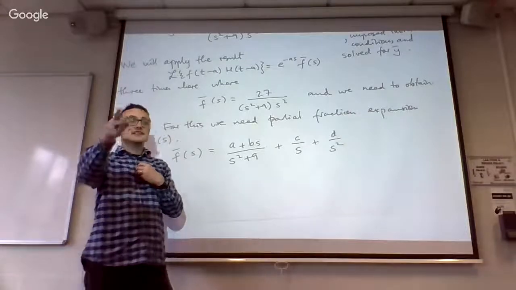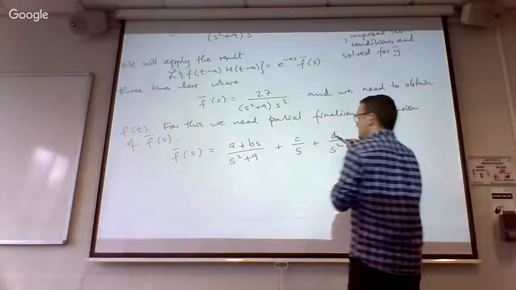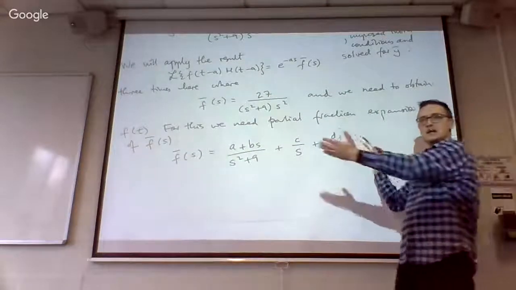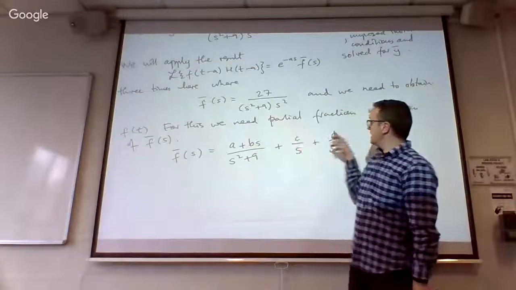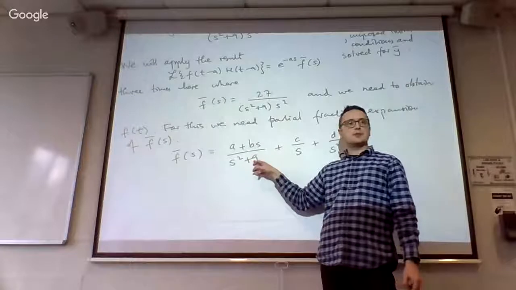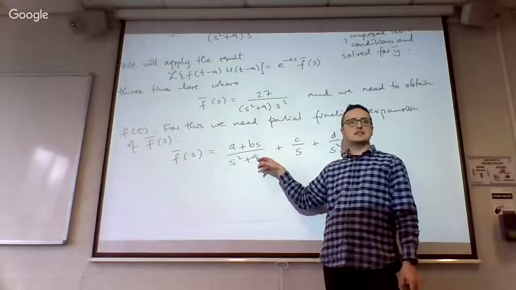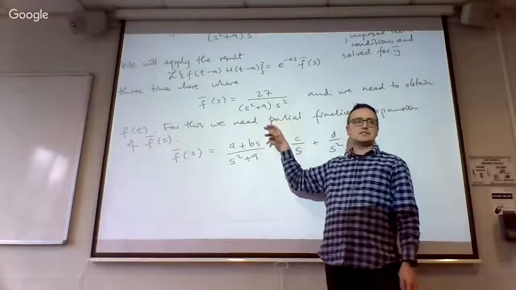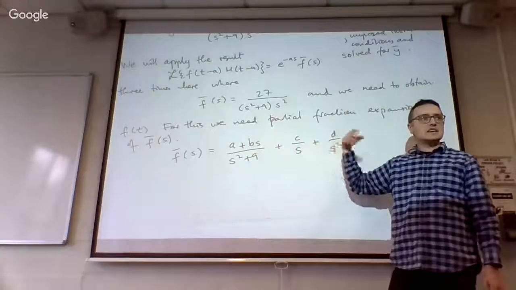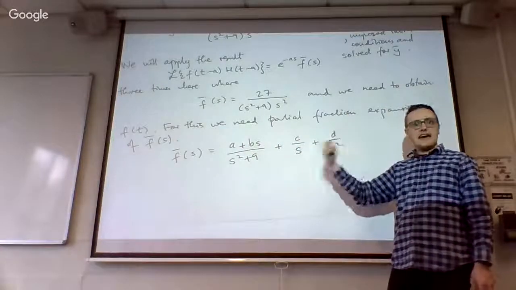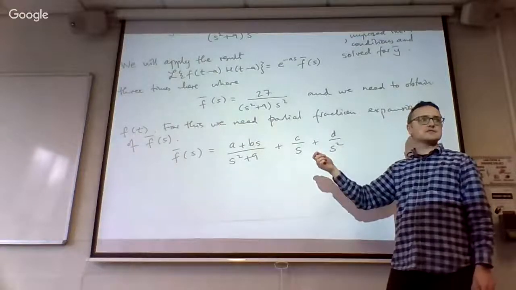Yeah, the d. The d would end up being a constant, because when you collapse the whole thing to a single fraction over the common denominator there, the d would end up getting multiplied by s squared plus 9. So the d would hit the 9, and you get a 9d, a constant. All the other constants, the a, the b, the s, and the c, will all end up multiplying s, or a higher power of s.